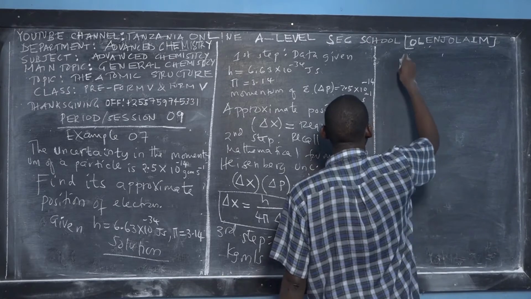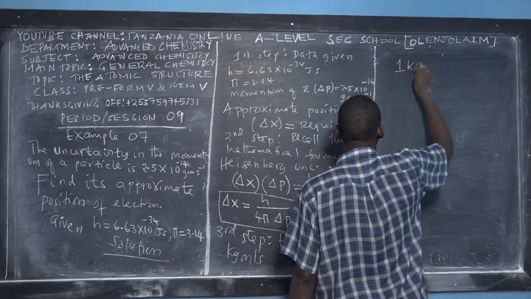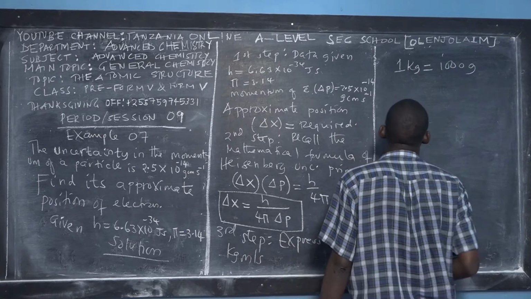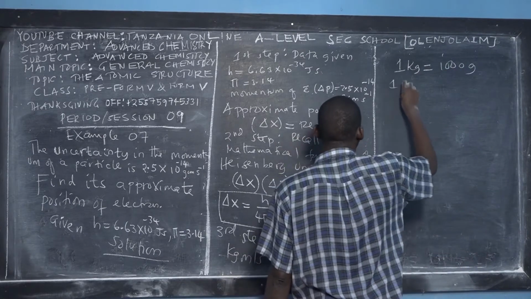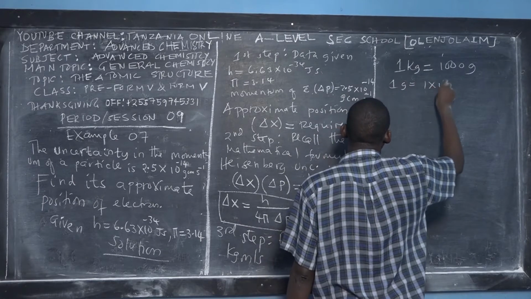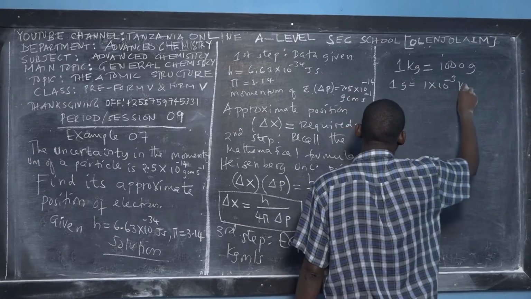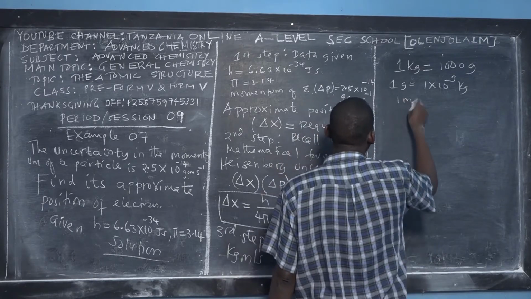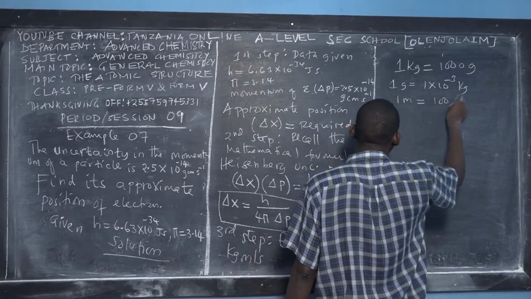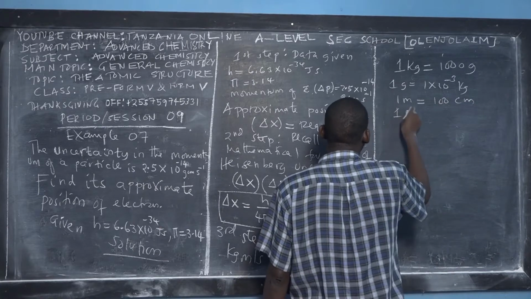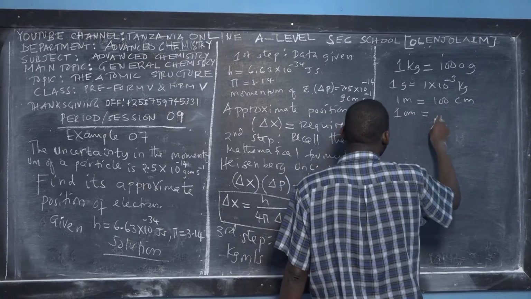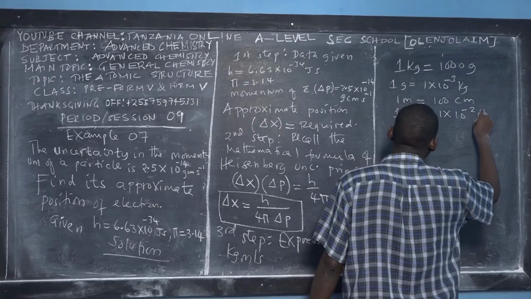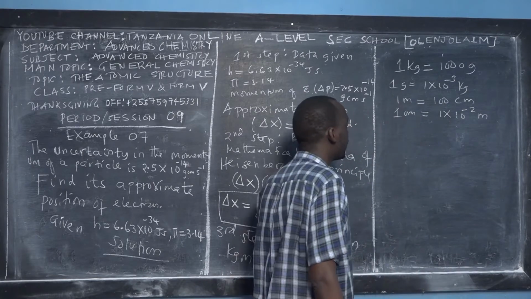So I would like to remind you, remember that 1 kilogram is equal to 1,000 grams. So it means that 1 gram is equal to 1 exponent negative 3 kilogram, right? And then remember that 1 meter is equal to 100 centimeters. So then 1 centimeter is equal to 1 exponent negative 2 meter, right?